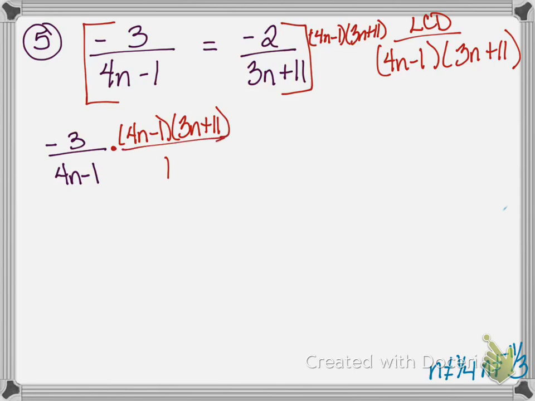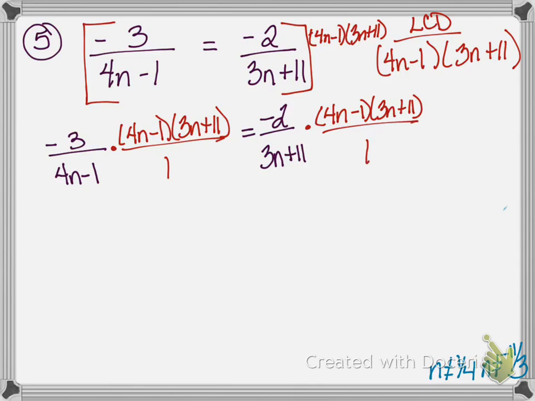Okay, that is set equal to negative 2 over 3n plus 11. We are going to multiply that times 4n minus 1 times 3n plus 11.